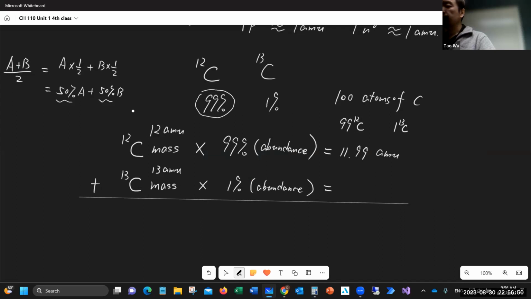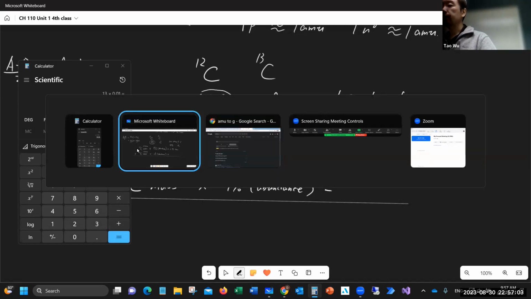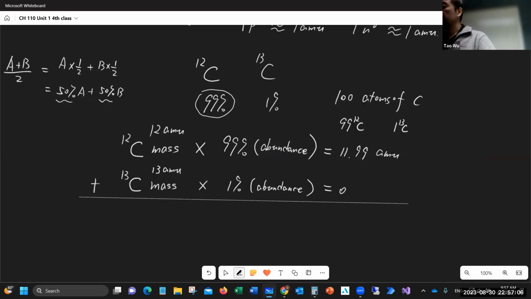For the 13, times 0.01, which is 1 divided by 100, you get 0.13 AMU.